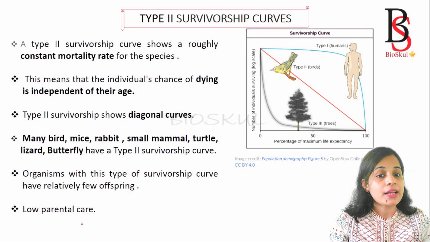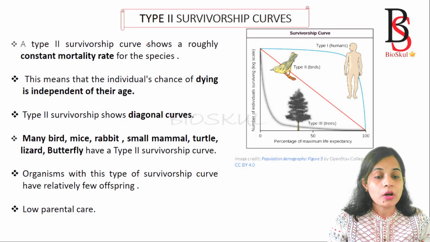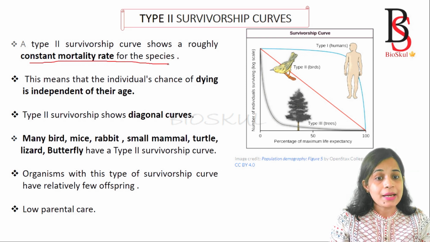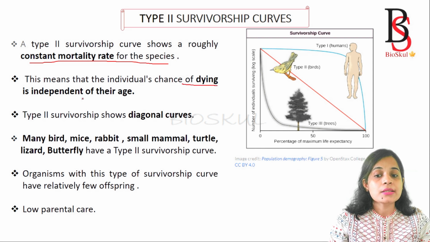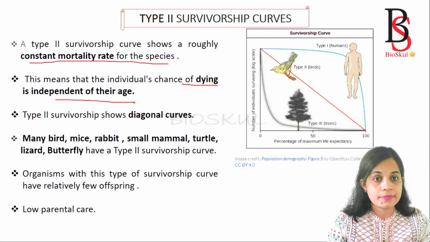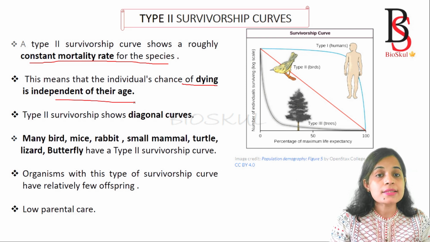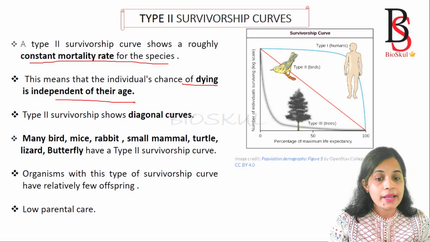Now comes type 2 survivorship curves. Type 2 survivorship curve shows a roughly constant mortality rate for the species. That means the chance of survival, or the chance of dying, is independent of age.